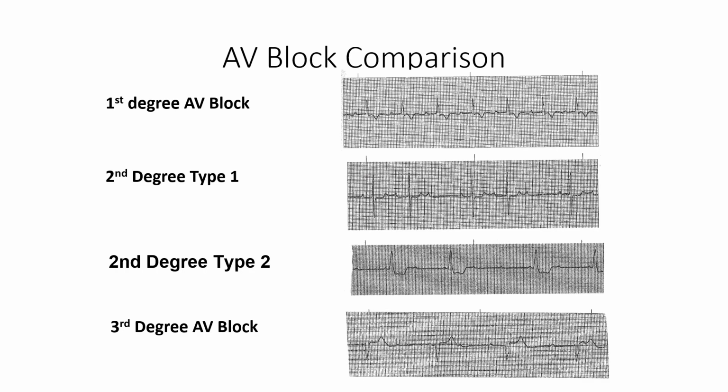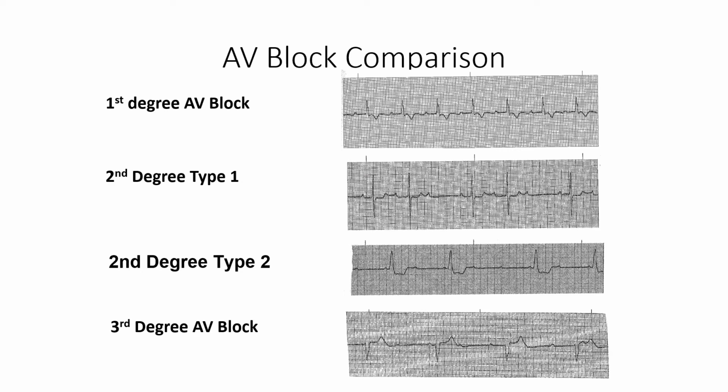Just to put them side by side, in a first degree AV block, there's 1 P for every QRS. The PR interval is the same and it's prolonged. So it's constant, but it's prolonged. And again, 1 P for every QRS. In second degree type 1, your R to R is irregular and your PR is not constant because it's prolonging. In second degree type 2, your R to R can be two ways.